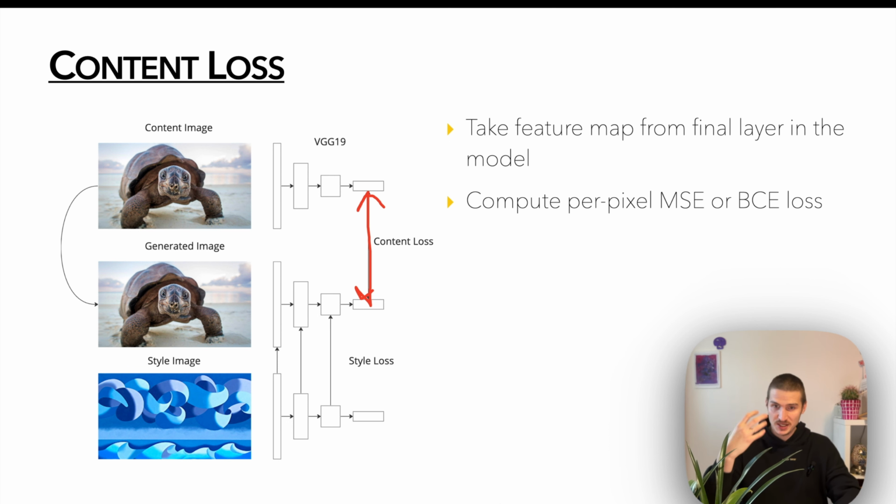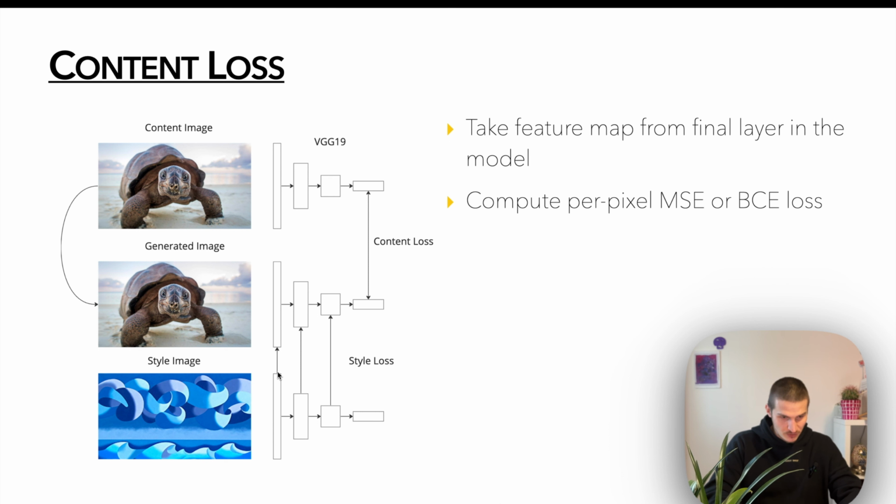So the final representation should have a pretty good idea of what the turtle is, and minimizing that loss should force our generated image to still contain the turtle in the same place, because we have the convolution, so the actual location of this pixel matters as well. But we can change the look of this turtle.